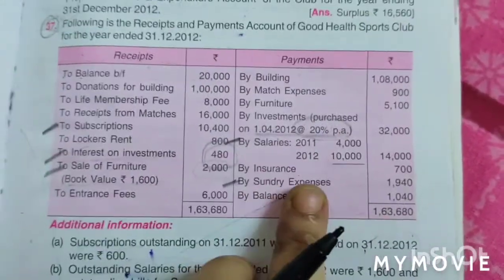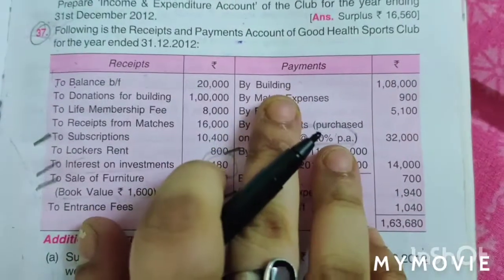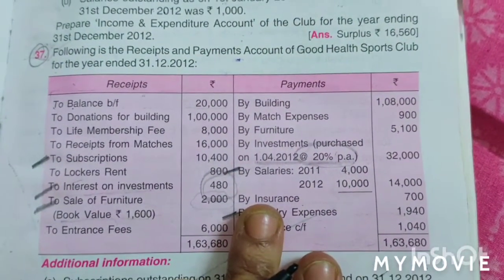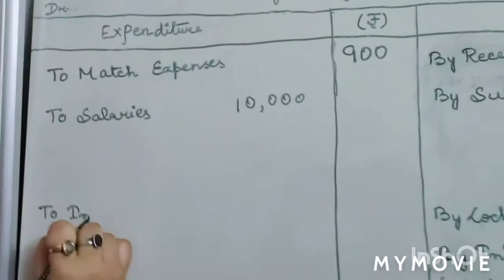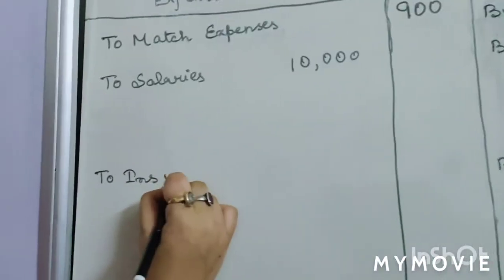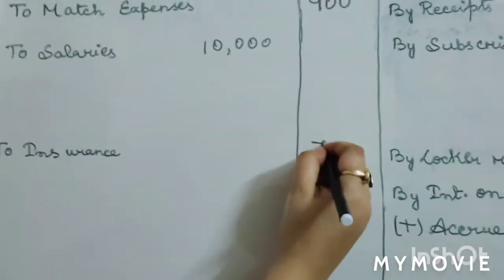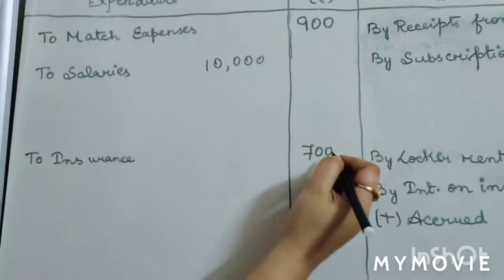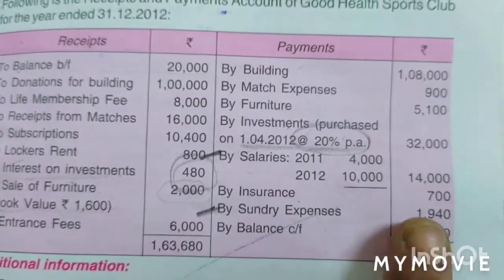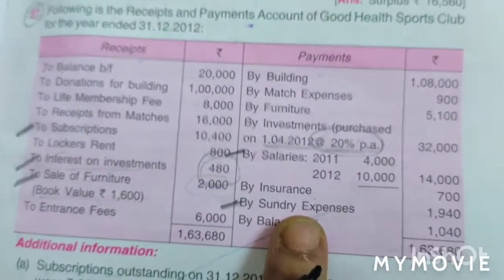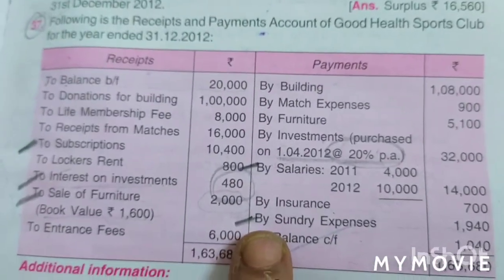Next we have insurance. Now insurance is also recorded on the payment side, that means insurance is an expenditure. To insurance, the amount is 700. Next item is sundry expenses. Now sundry expenses is also an expenditure, but it has an adjustment.